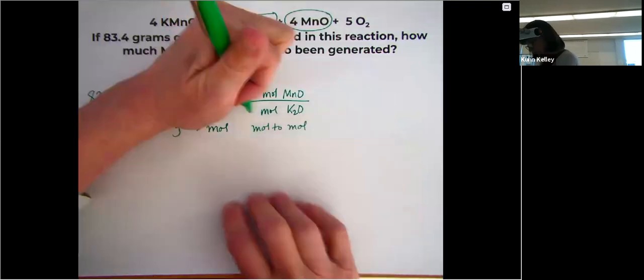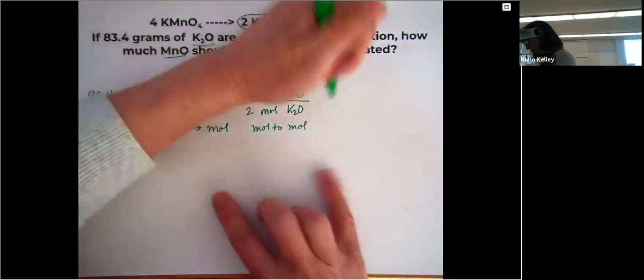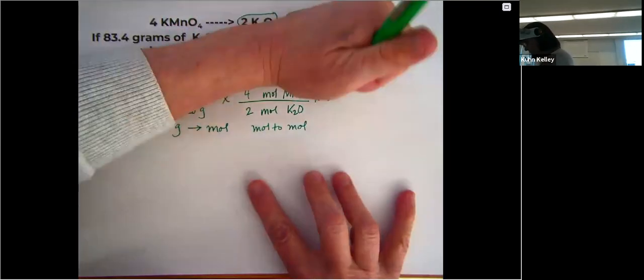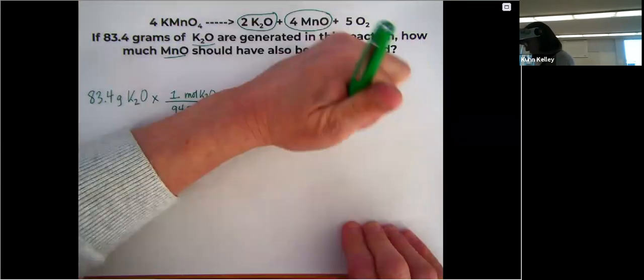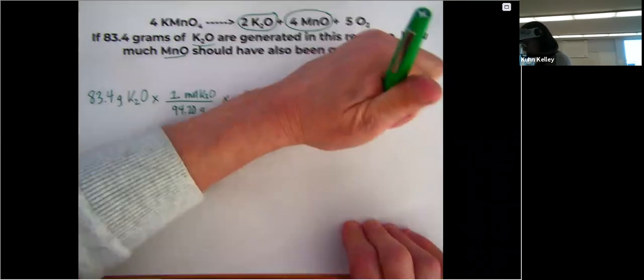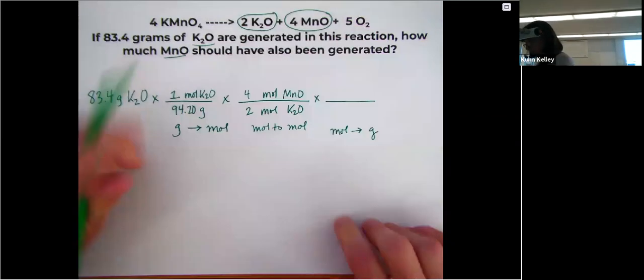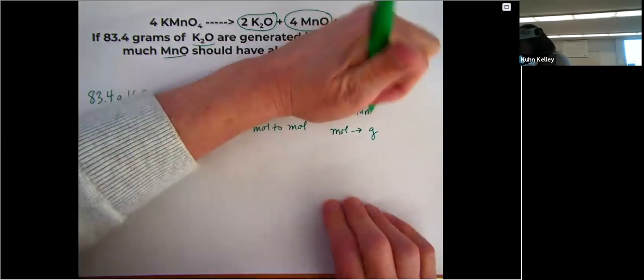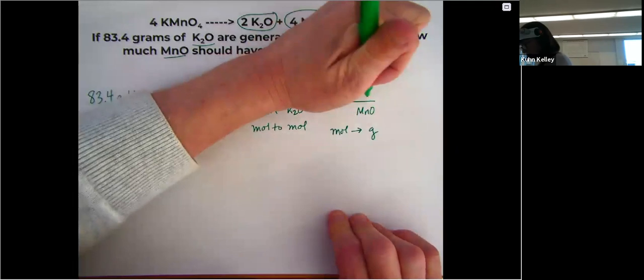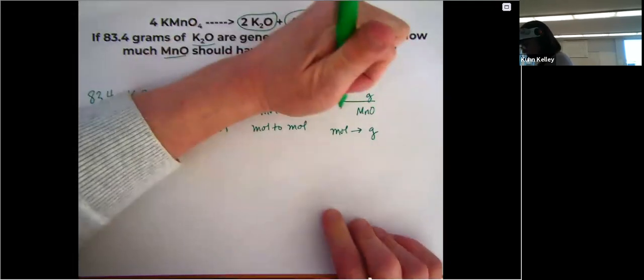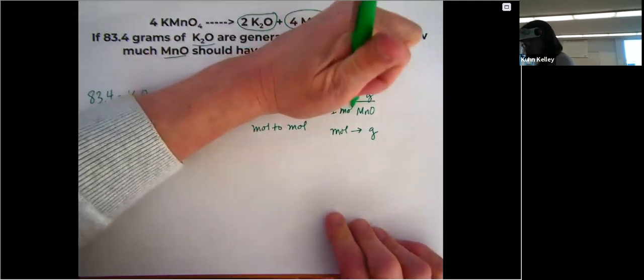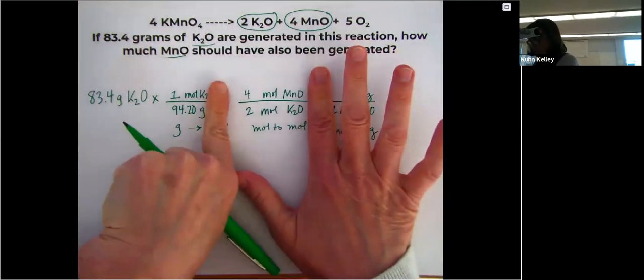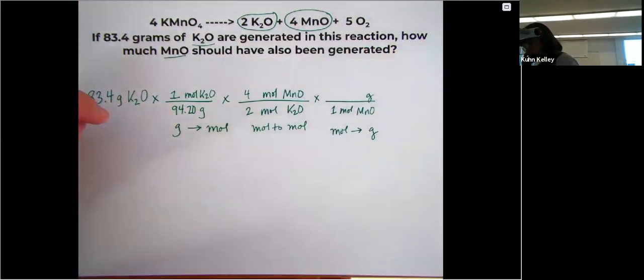A 2. And then my last step is to go from moles of this new substance back to its mass in grams. So I'm going to have manganese 2 oxide on bottom and the grams of that on top. Remember that the only place we use these coefficients is in this middle step. Everywhere else, there's just 1 mole because we're doing a mole to gram conversion.